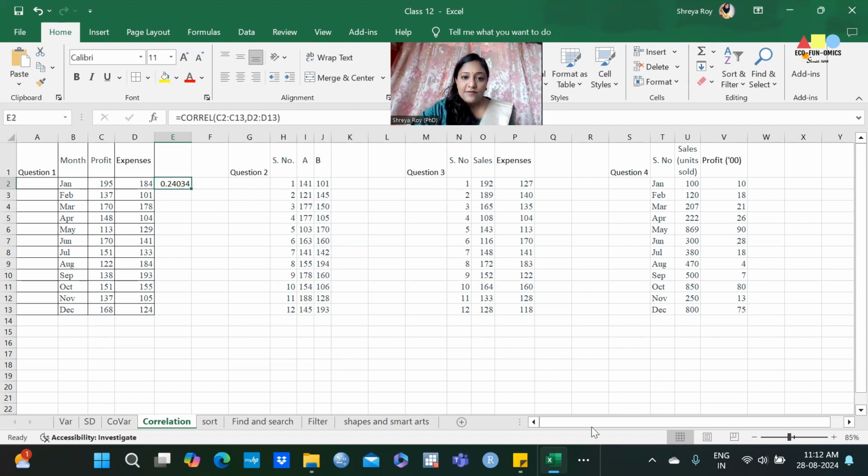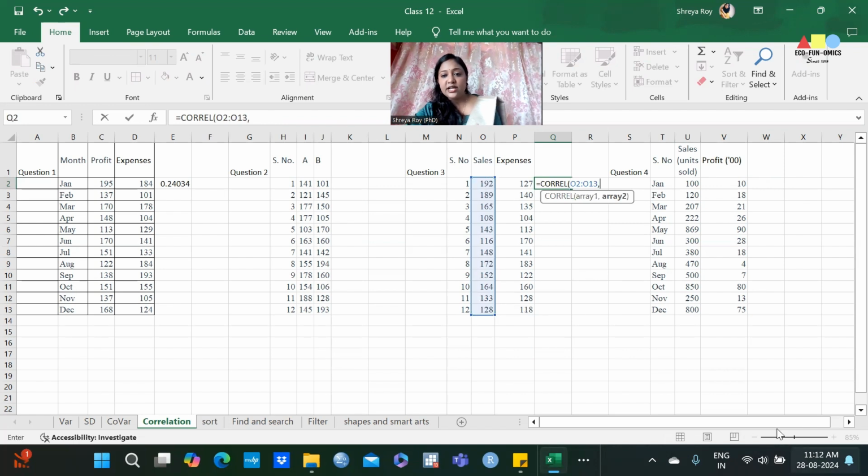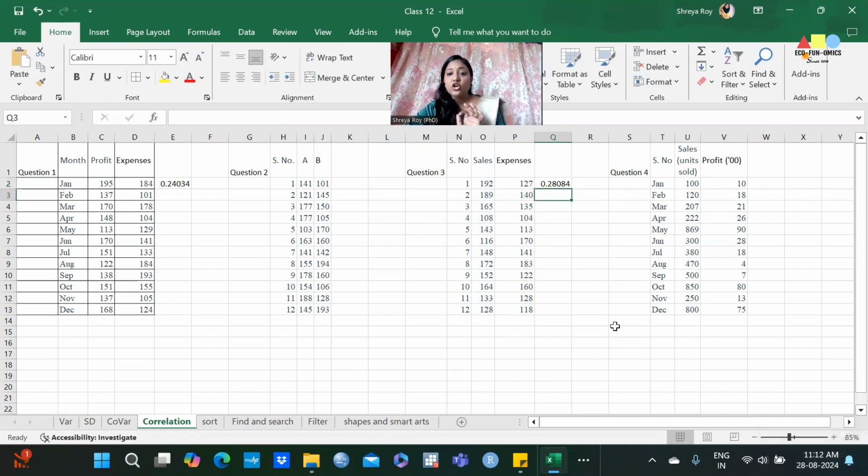Now, here we have 0.24, which is weakly positively related. Now, let's take a look over this one. Let's even do this one. Is equal to CORREL. Select the first data range, comma, select the second data range, close bracket, and enter. Again, 0 point something. So sales and expense have a very weak positive relation or correlation.